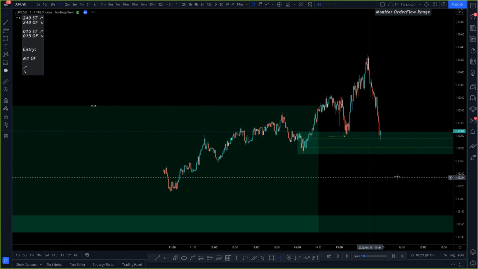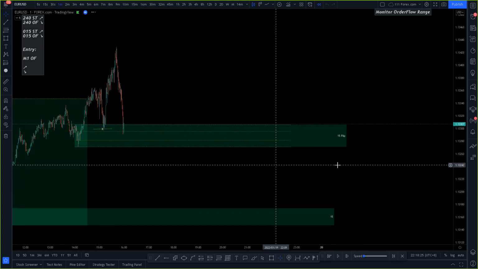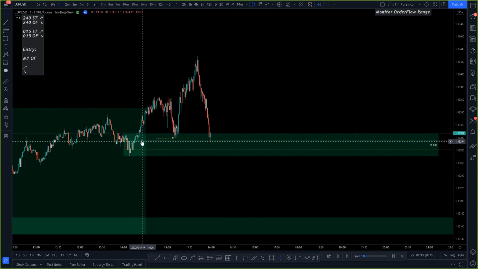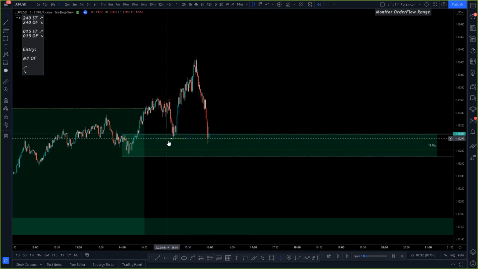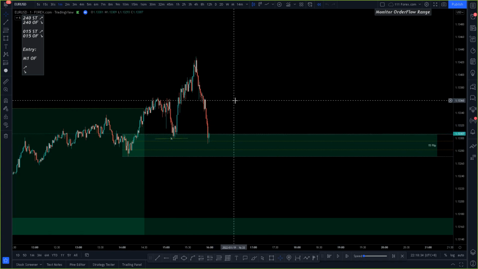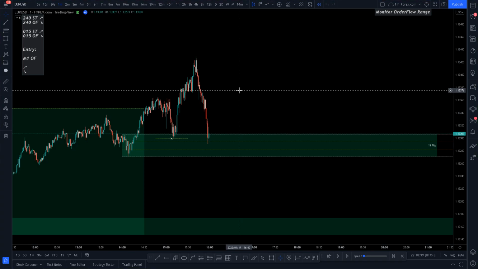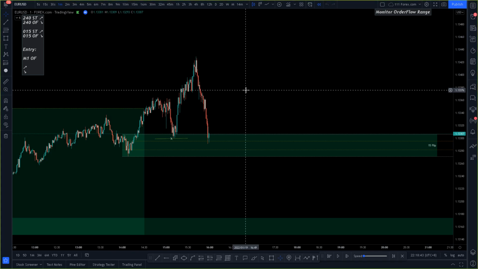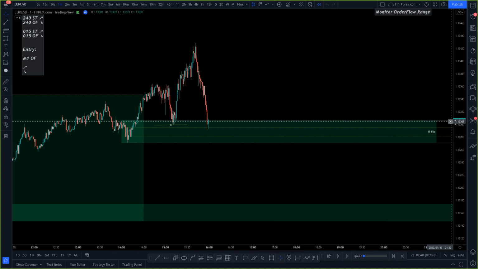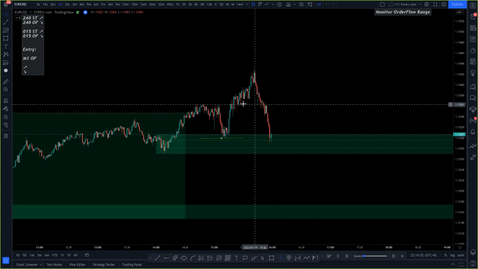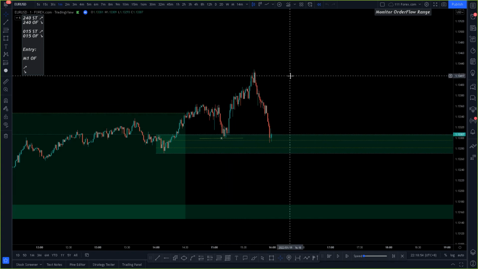It has some mitigation. So according to him, as this hits our refined POI, any M1 change of character can attempt the long, right? So yeah, let's wait for the M1 choch, since this has become our liquidity.